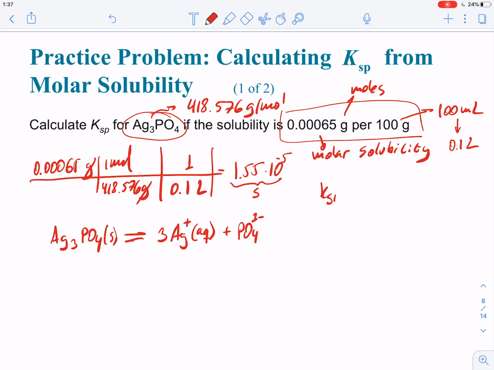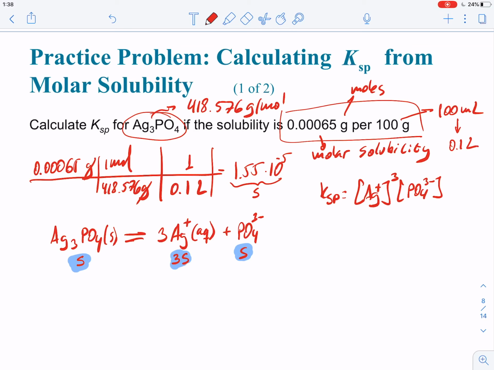Ksp here is going to be the concentration of silver raised to the power of 3 times the concentration of phosphate. And since we already calculated that the solubility of the silver phosphate is 1.55 times 10 to the negative 5, that is pretty much 3 times the solubility for the silver ions and 1 times the solubility for the phosphate.